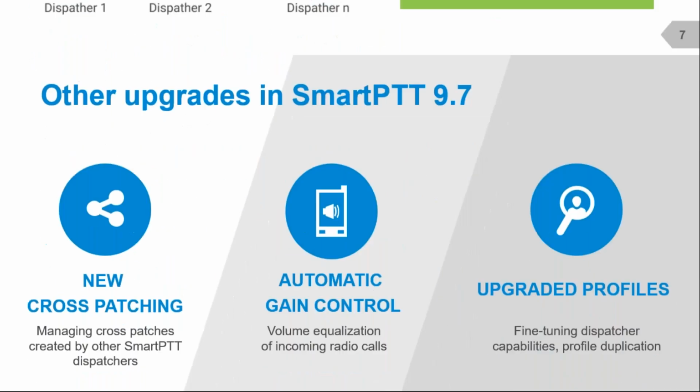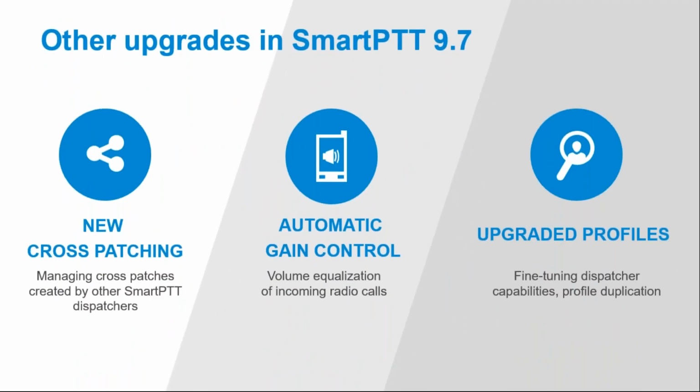Okay, let's move to the other upgrades that we have in SmartPTT 9.7. These features are not very small, as well as not very huge, but they are important. Cross patching. I already mentioned that we have done cross patches in the web client, but also we have done some improvements for the SmartPTT desktop version.